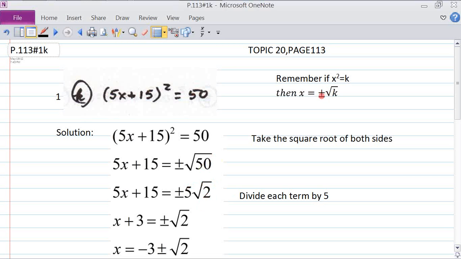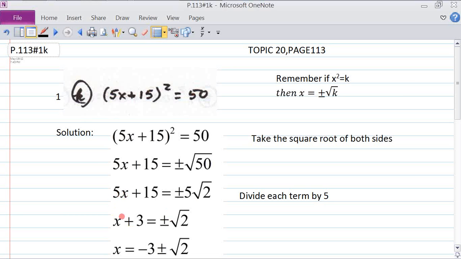All right, so what we're doing is applying this rule of x squared equals k. In this case, k is 50. And if I take the square root of the left side, I get 5x plus 15. If I take the square root of the right side, I get plus or minus root 50, which becomes this. Now I'm going to divide each term here through by 5 to simplify it.